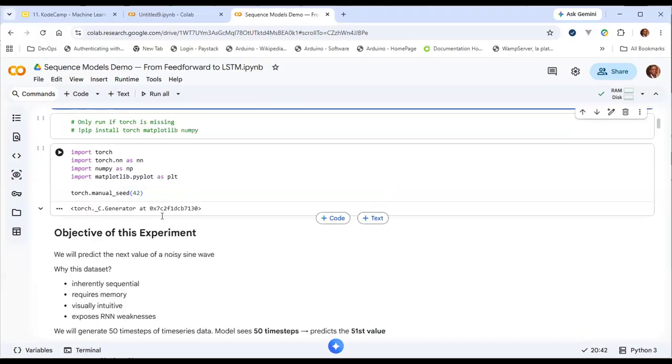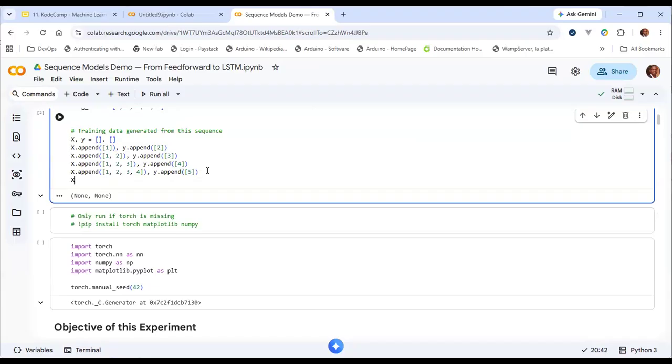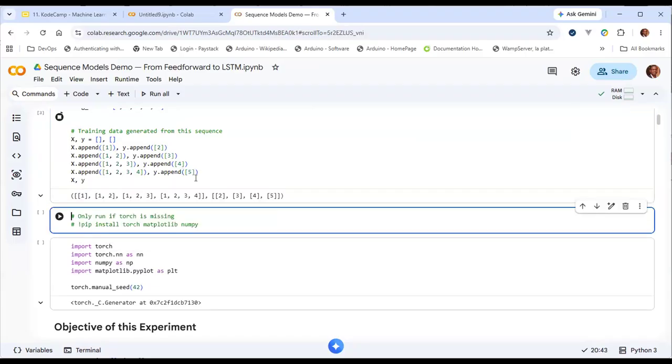All right. So if we now go check X and Y, which is really what this is about, you will see that for each X, the Y is the next number that follows that sequence of X's. So for this X that is 1, the Y is 2.